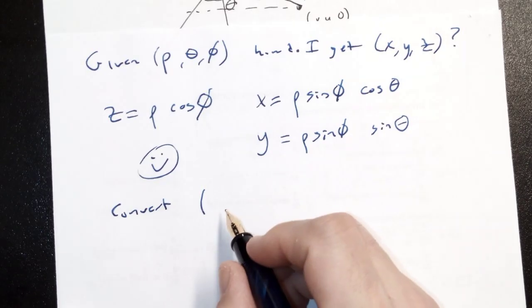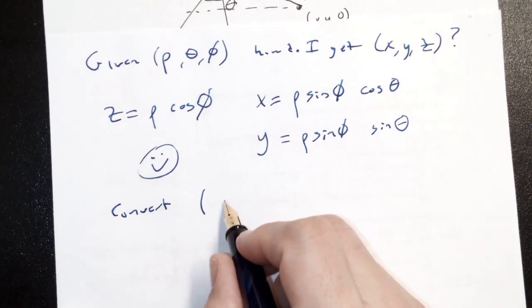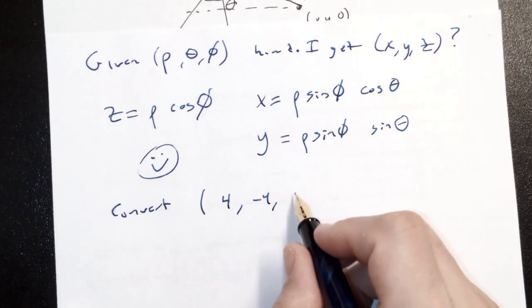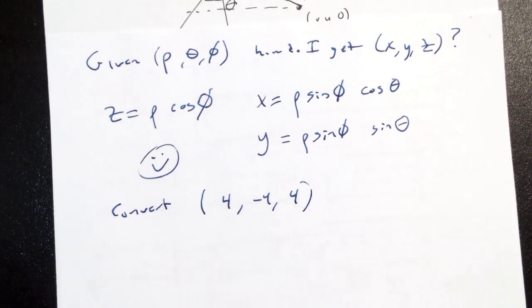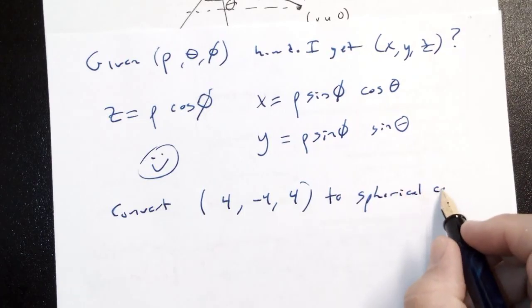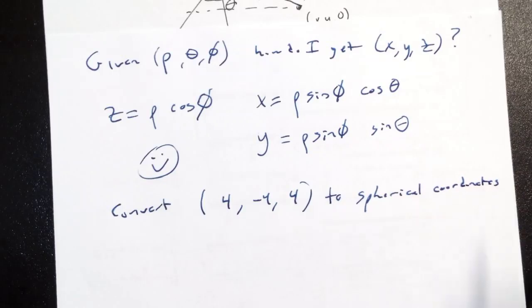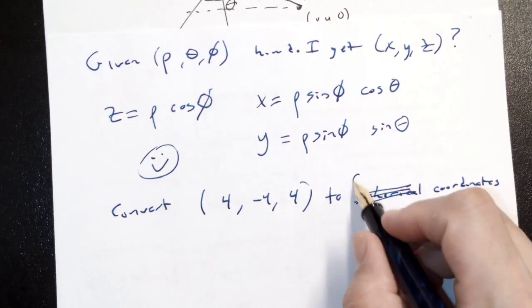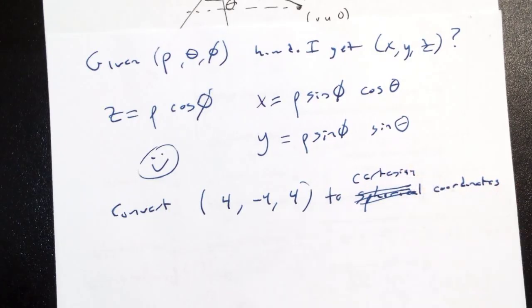I'm going to end up with crappy angles this time. 4 comma negative 4 comma, oh, hell, we'll do 4. I'm giving you rho theta phi.